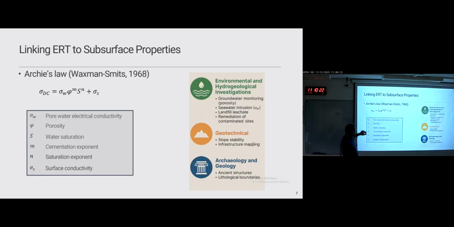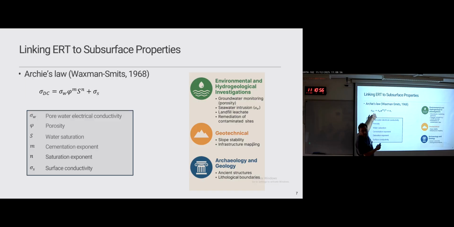Okay, so we measure and calculate the electrical conductivity. And using Archie's law or the extension by Waxman and Smits, we can get important information regarding the subsurface properties and processes. The electrical conductivity of the soil that we measure is directly related to the pore water electrical conductivity, or in other words, to the salinity.